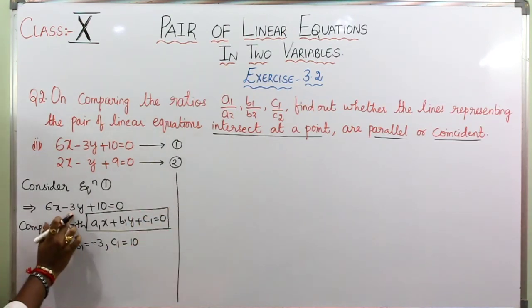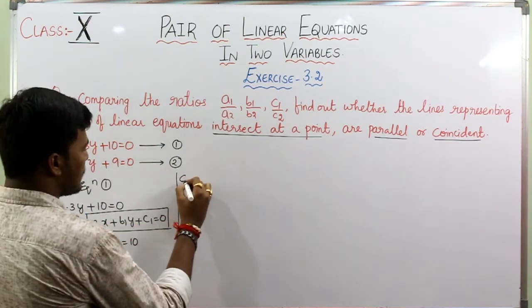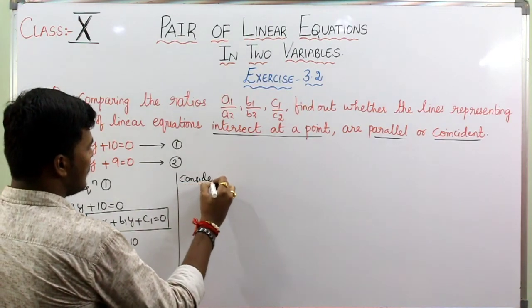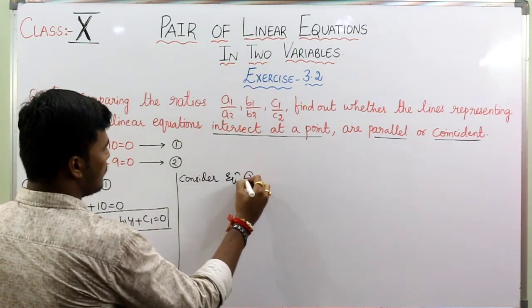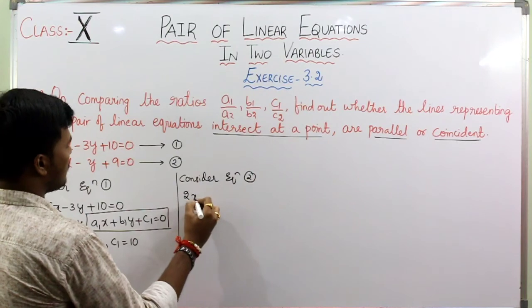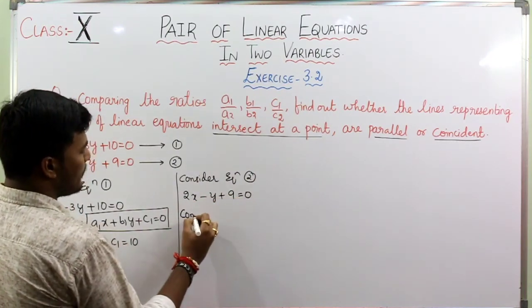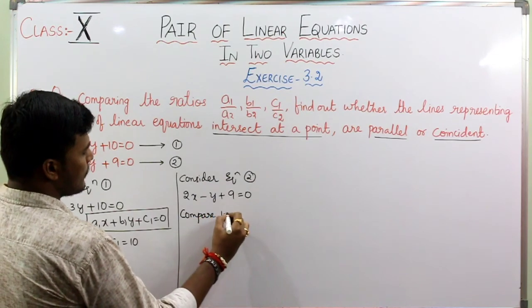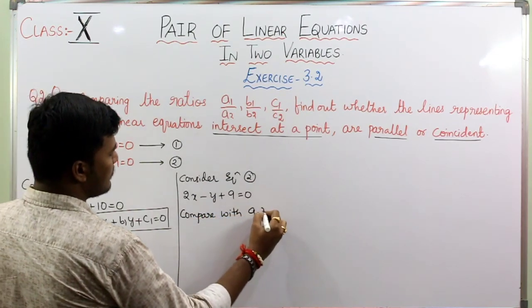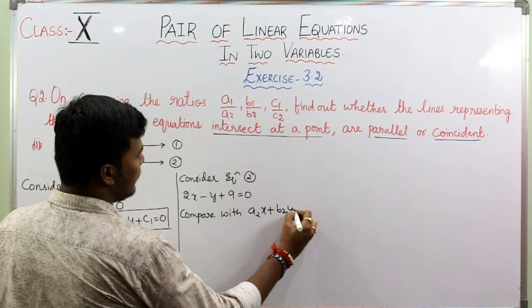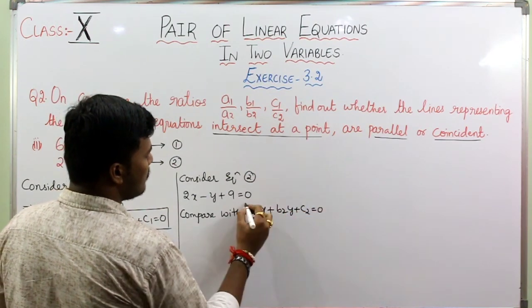Next, consider the second equation, that is 2x minus y plus 9 is equal to 0. Compare with a2x plus b2y plus c2 is equal to 0.